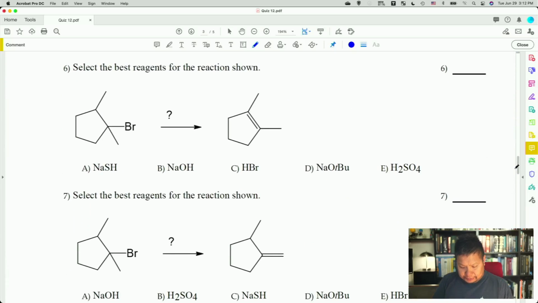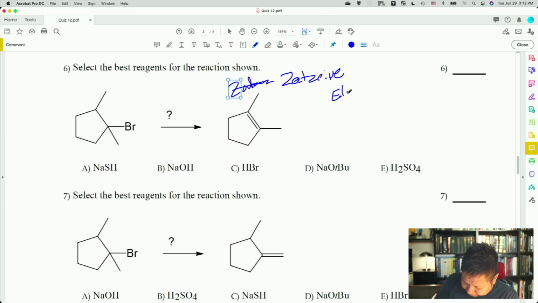Select the best reagents for the reaction below. Here we have a Zaitsev product. I never know how to spell Zaitsev. Whatever. We have a Zaitsev product from an elimination reaction.